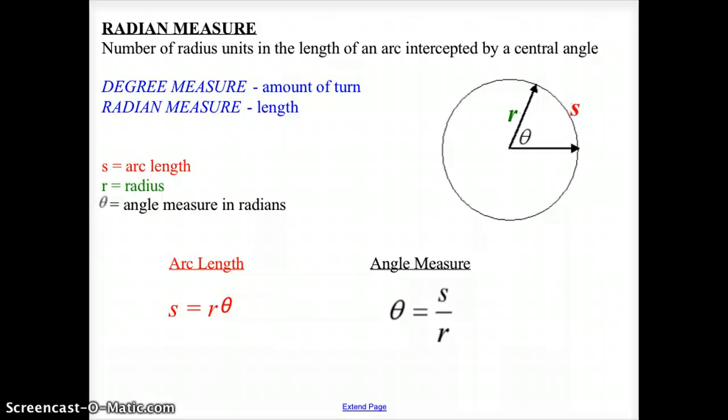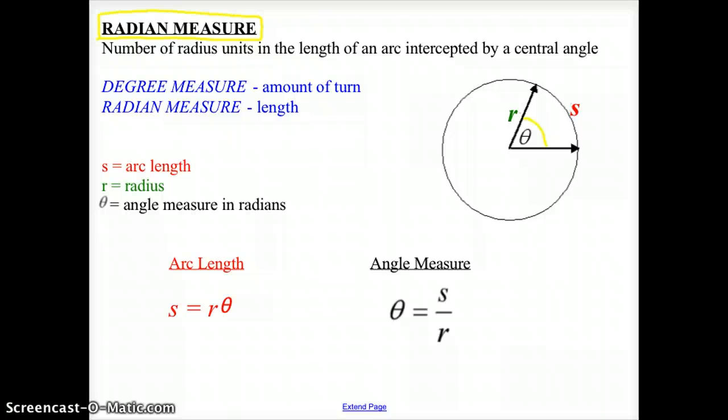The next thing we're going to talk about is called a radian measure. For most of you, this will be something that's a new topic. The radian measure is the number of radius units in the length of an arc intersected by a central angle. You can measure an angle in degrees, or you can measure an angle with a radian measurement.